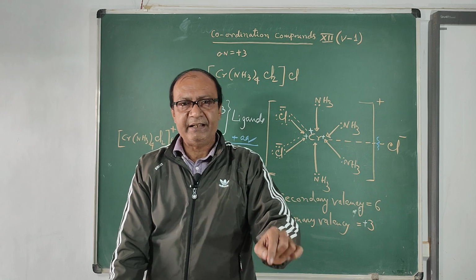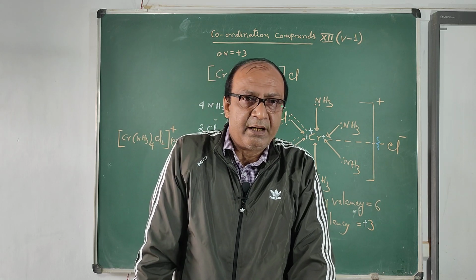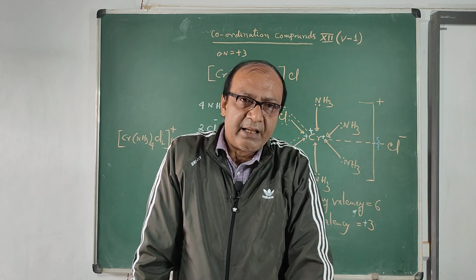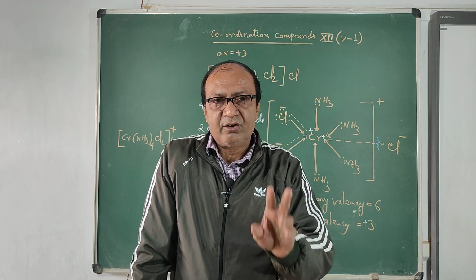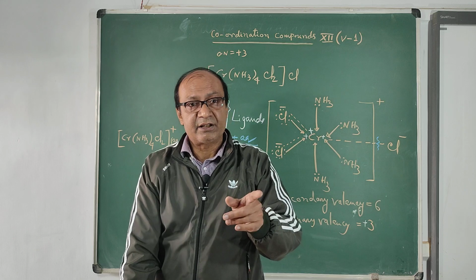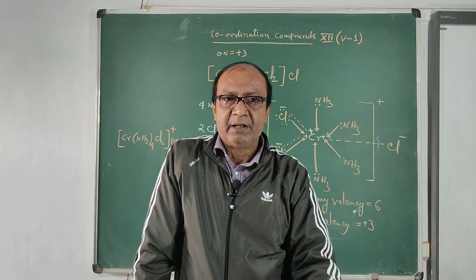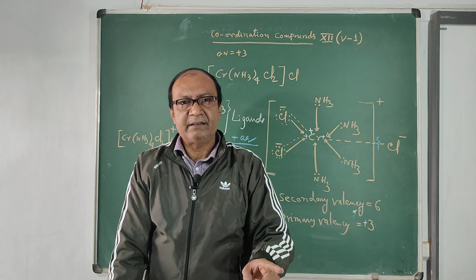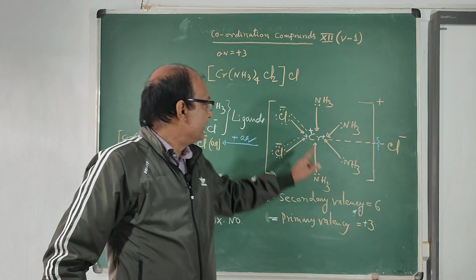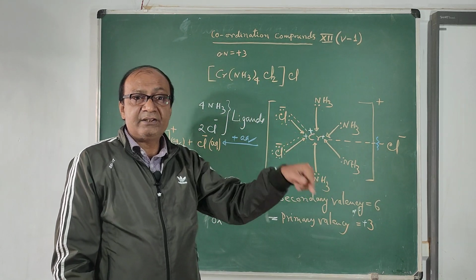The second point is that the primary valencies are normally ionizable, meaning not necessarily, and are satisfied by negatively charged species or anions. Third point, the secondary valencies are non-ionizable and are satisfied by neutral molecules or anionic species known as ligands.